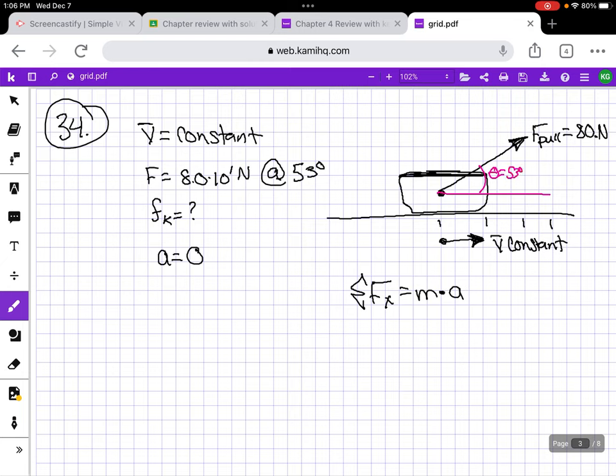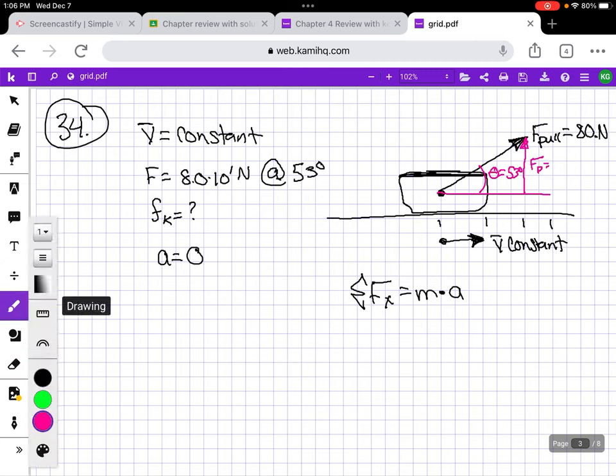And the reason for that is because we have to find our force pull in the y and our force pull in the x. The force pull in the x is going to be my adjacent, and the force pull in the y is my opposite for SOHCAHTOA. So again, remember SOHCAHTOA.